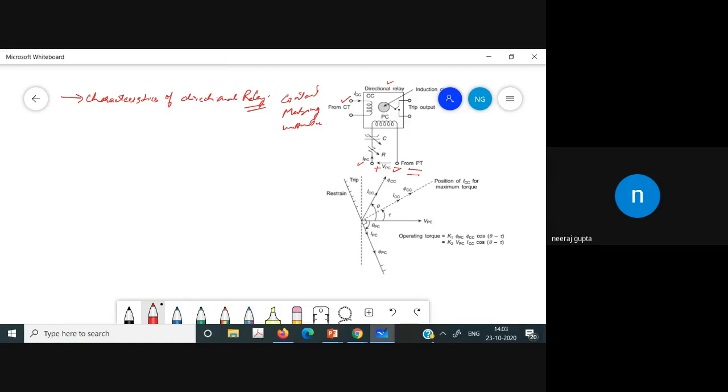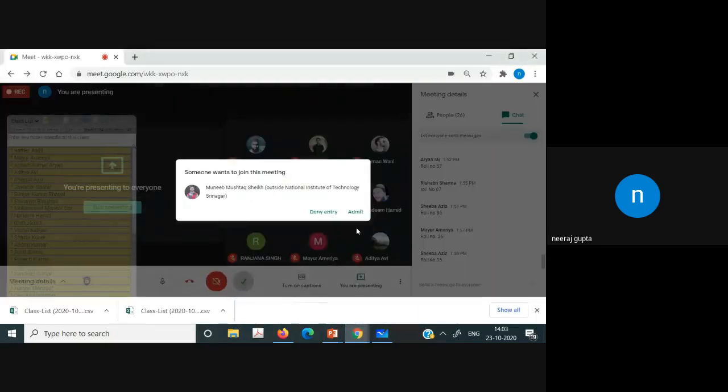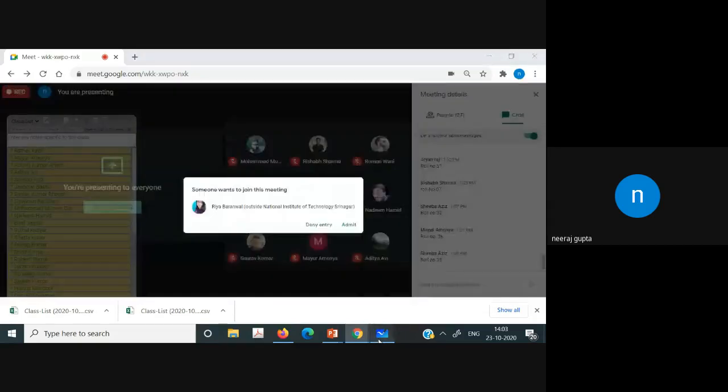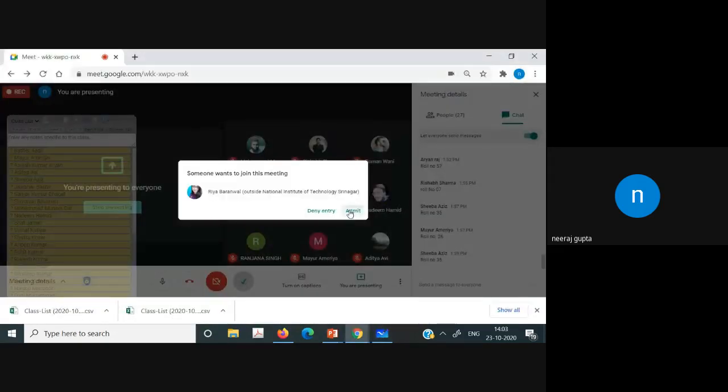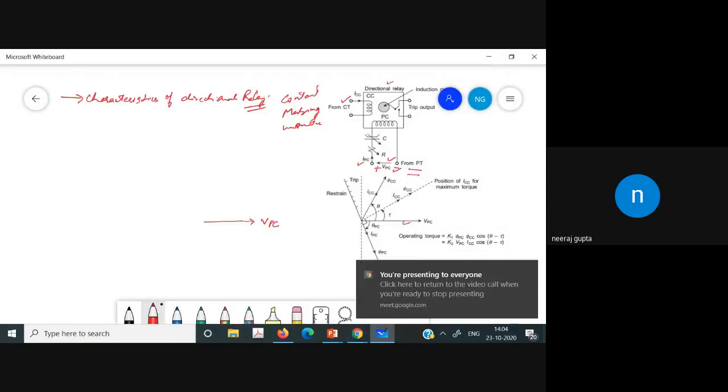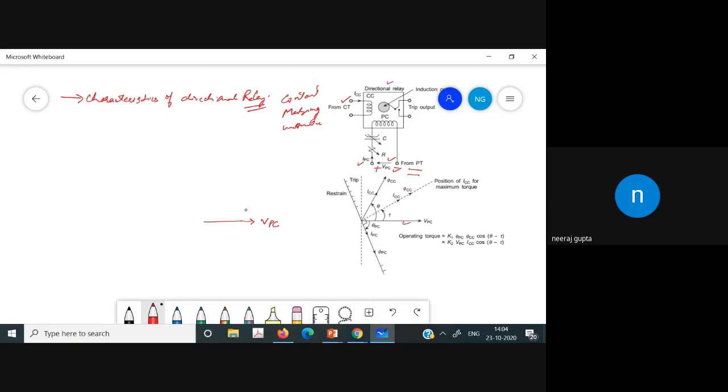First of all, we will have the PC, the voltage of the PC, VPC. First we will draw the voltage VPC. This is the voltage across the PT, which we got from the PT.